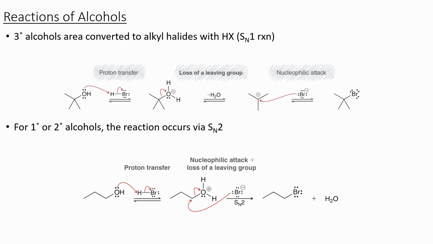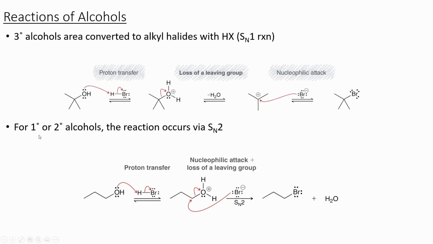In the presence of an acid, we can take a tertiary alcohol and form a carbocation, which then can undergo nucleophilic attack. So we can convert it to alkyl halides with HCl or HBr.